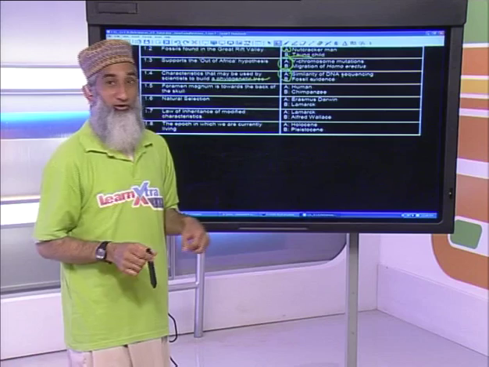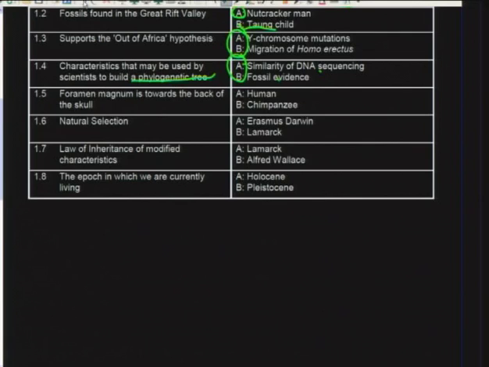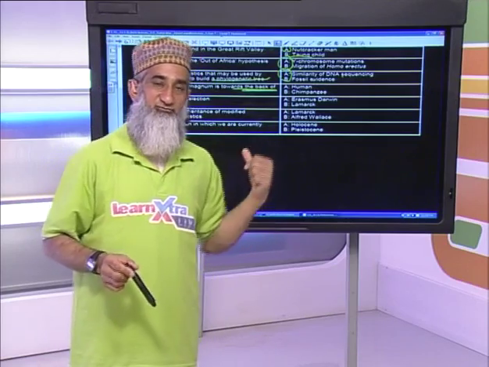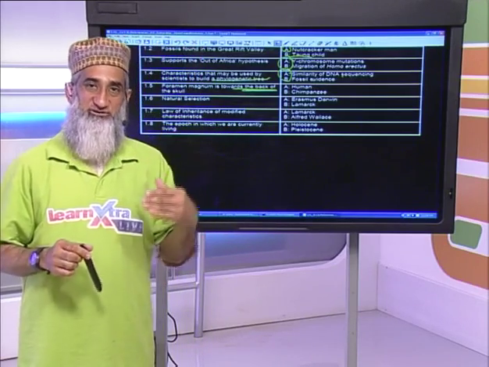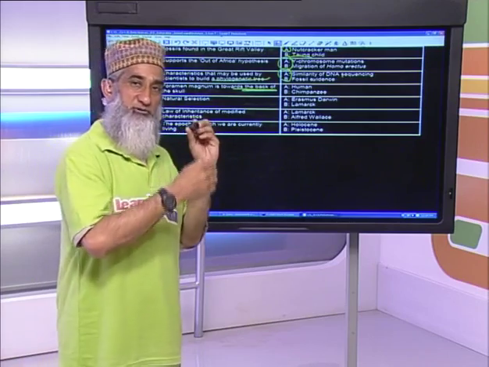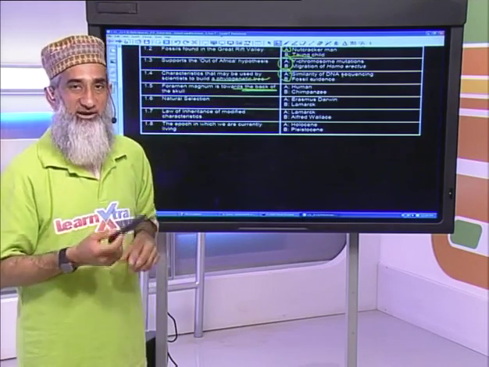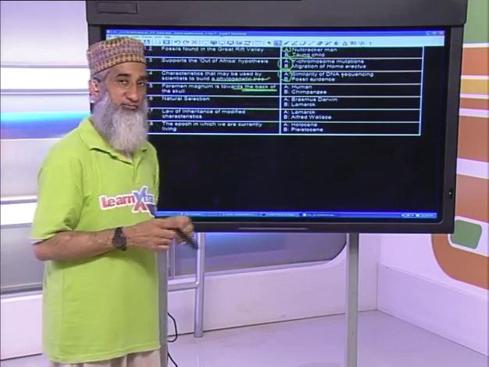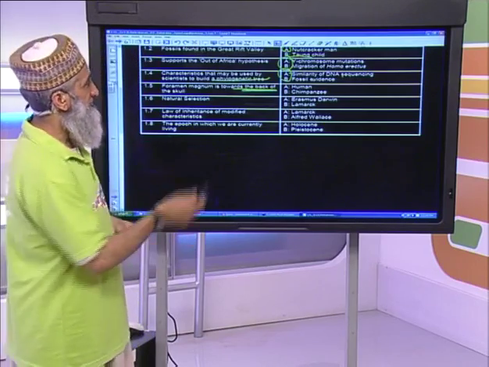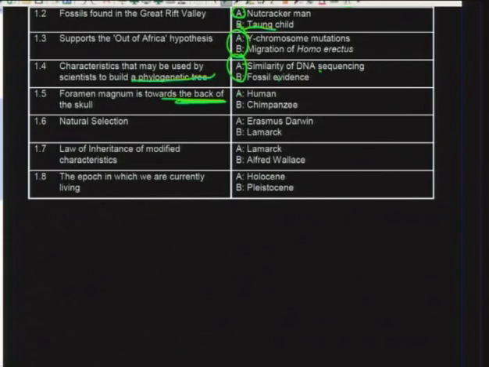I made it easy wrong. Okay, towards the back of the skull. That's what's so important. You must read. The back of the skull. If the foramen magnum is towards the back of the skull, it forces the vertebral column to come in a more horizontal way, and therefore making the organism quadrupedal instead of bipedal. So obviously it can't be A, it would be B only.